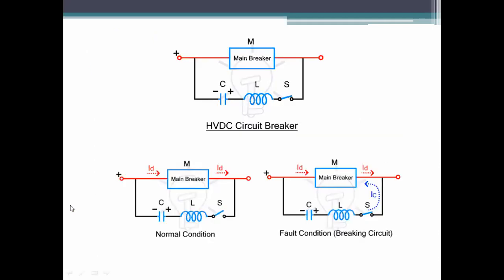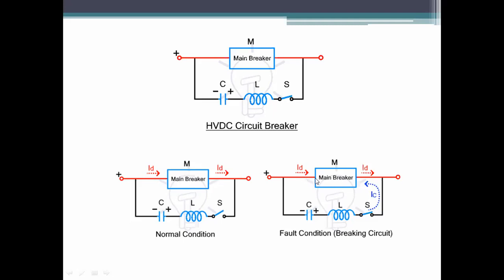So what is actually happening when this fault is occurring is that whatever energy is stored by this capacitor is dissipated and supplied in this way.